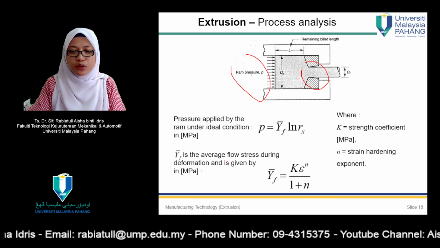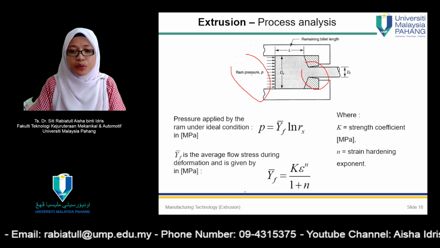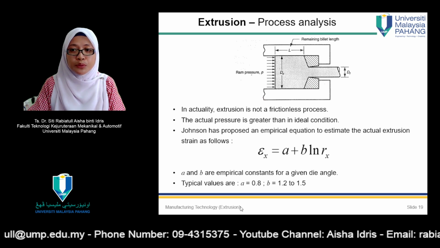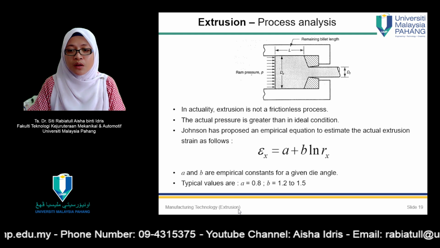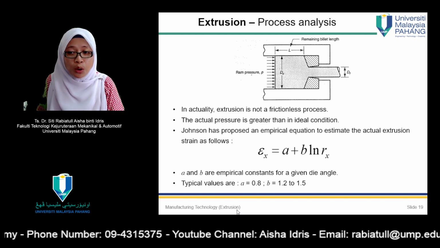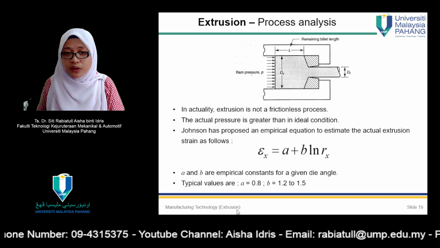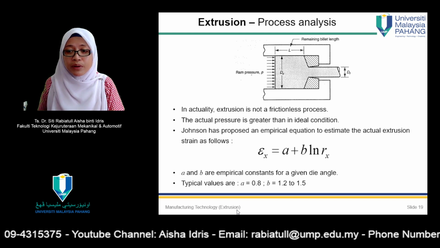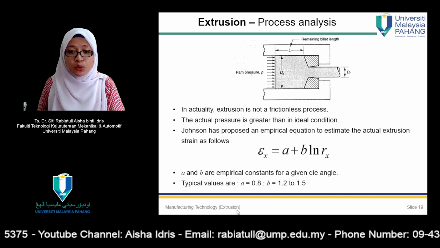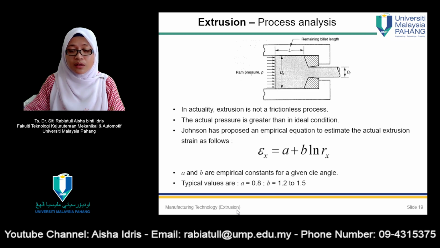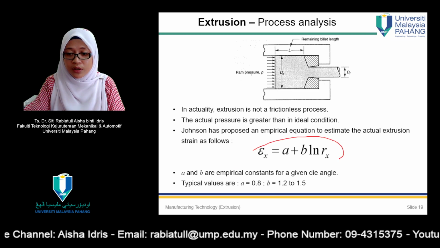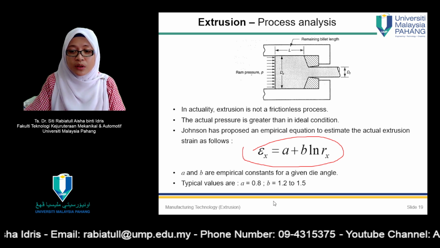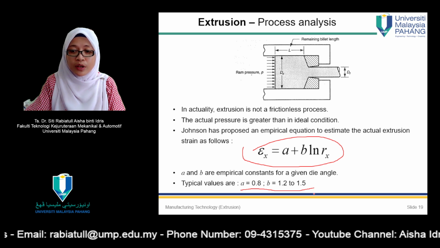Y bar equals the flow stress during deformation. And then we know that during this process, friction will occur in it. Therefore, Johnson proposed an empirical equation to estimate the actual extrusion strain, such as the equation over here. Okay, so you can look at the equation, where A and B are constant values.